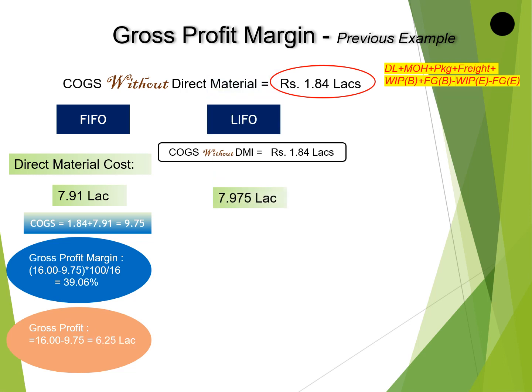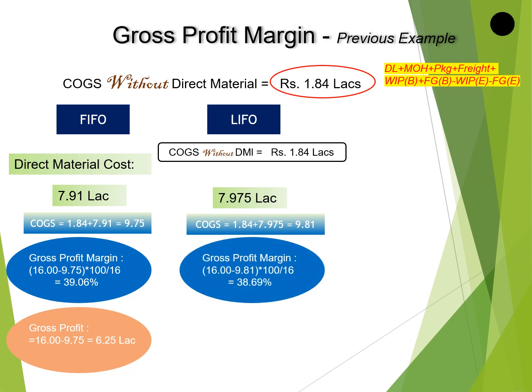When we calculate the direct material cost by the LIFO method, it was coming 7.975 lakhs. COGS as such shall be 1.84, it is constant, plus 7.975, that is equal to 9.81. With this, the gross profit margin shall be 16 revenue minus COGS 9.81 multiplied by 100 divided by revenue 16.